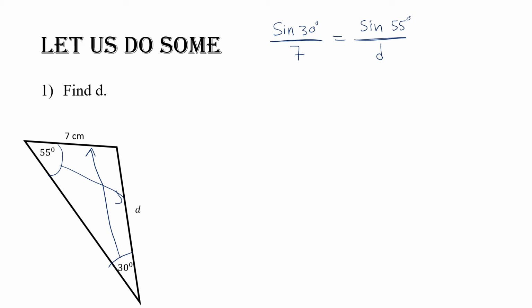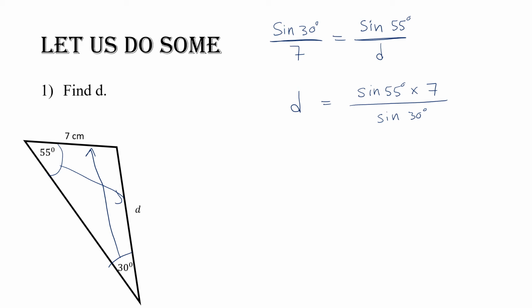So again, I'll do the same thing I did from the last one. So here d would be equal to, and I'm just doing everything in one go, sine 55 multiplied by 7 all divided by sine 30. Yes, I just found d as the subject of the formula, and I just did a little algebraic manipulation.